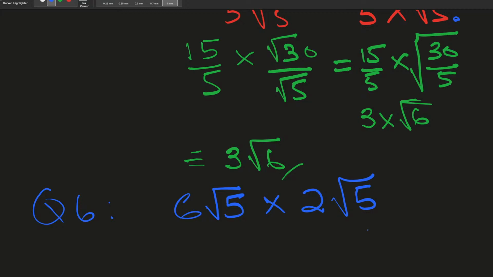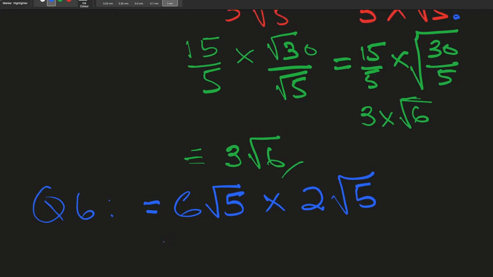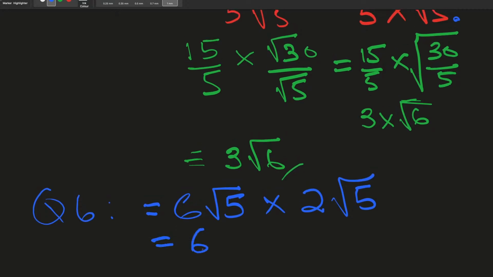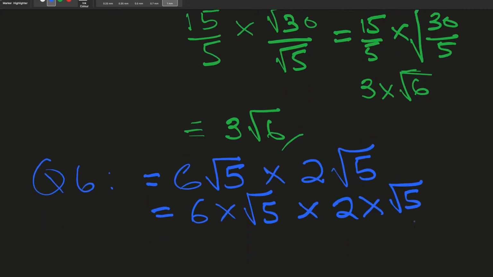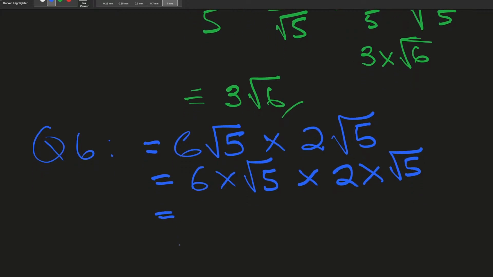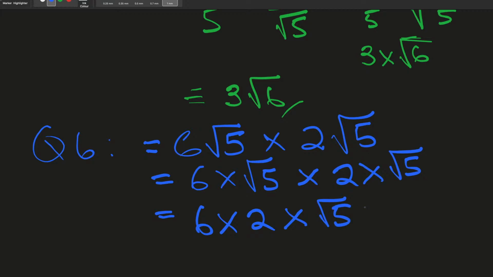This we have to first and foremost expand to understand it. So when we expand it, we are going to get 6 multiplying the square root of 5, and it's multiplying 2 multiplying the square root of 5. So what do we do? We group the like terms. So we say 6 multiply 2, and root 5 times root 5.